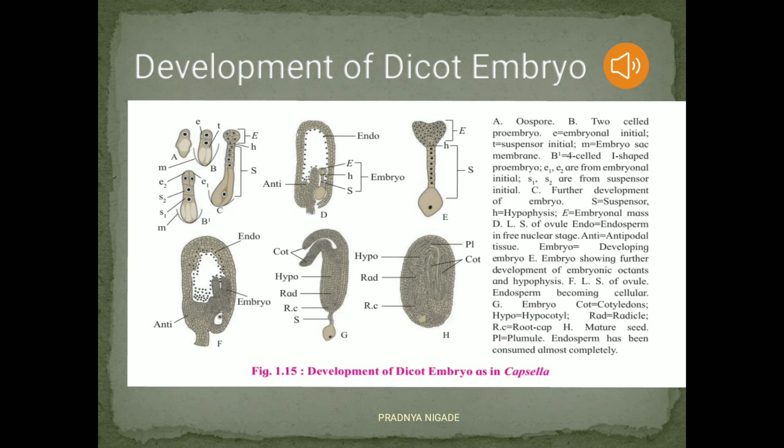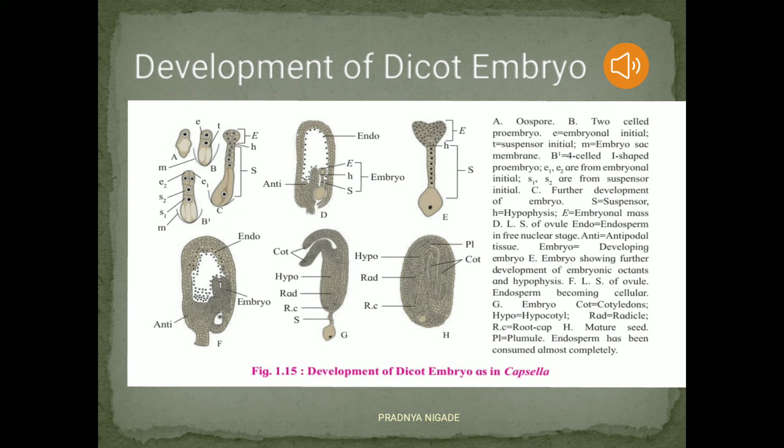Then E diagram and F diagram show the various stages of embryo. F diagram represents the LS of ovule. After that, G diagram shows the horseshoe-shaped embryo, and H diagram shows the mature seed. Now, once again, the acronyms. COT means cotyledons, hypo is hypocotyl, rad is radicle, RC is root cap.